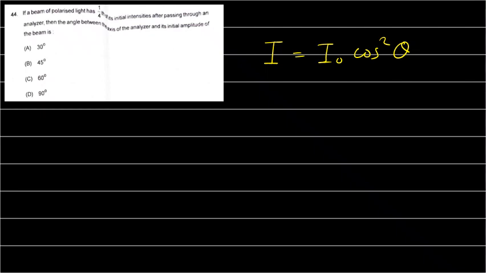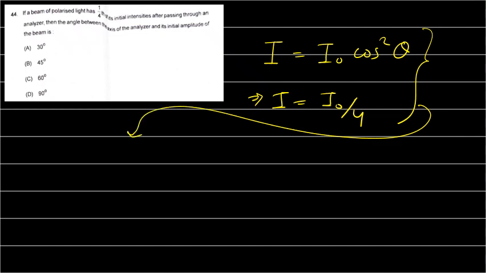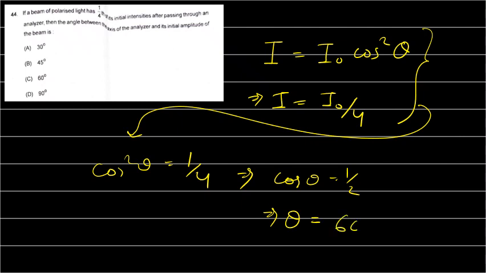So here it is given I is equal to I0 by 4. So from these two relations you can get cos square theta is 1 by 4, so cos theta is 1 by 2, that implies theta is 60 degrees.